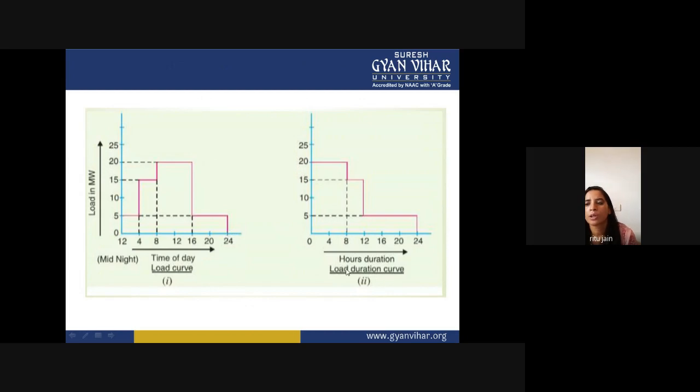But in the load duration curve, you can see that first we are taking the peak load. From the daily load curve, you can see that 20 megawatt is the maximum load, and this is for how many hours? This is 8 hours. So 0 to 8 hours. This is time of the day, but this is hours duration. For 8 hours, the load is 20 megawatt.